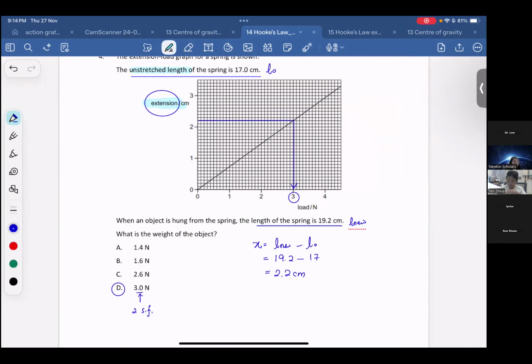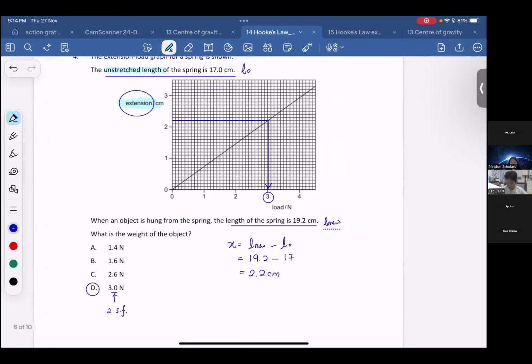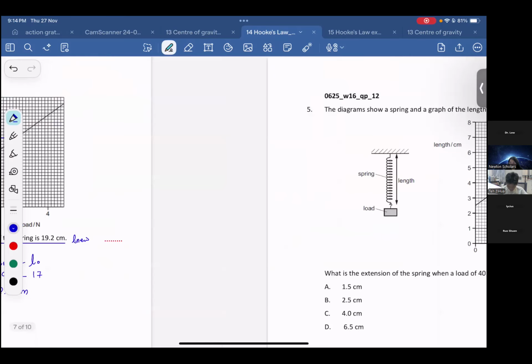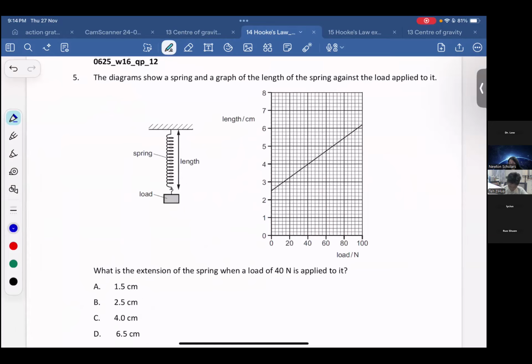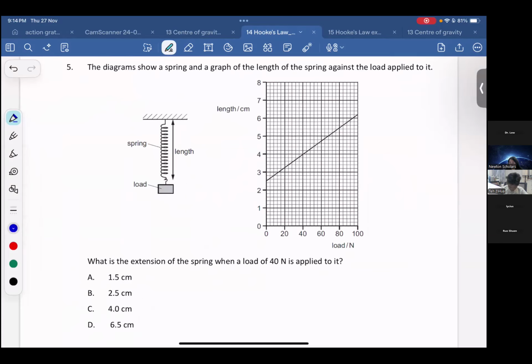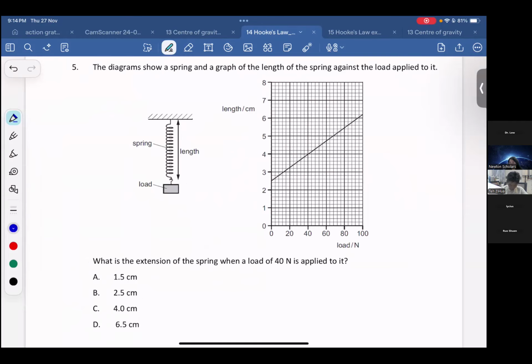Is it okay, dear? Yes, okay. So here, the diagram shows the spring and a graph of the length of the spring against the load. Length against the load.